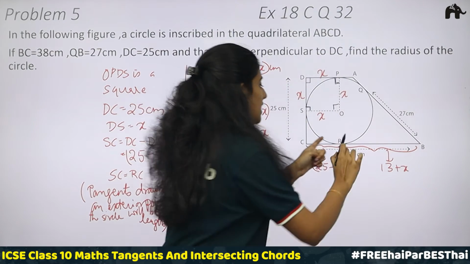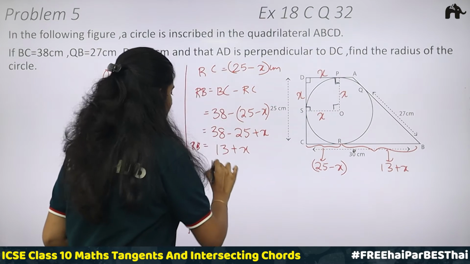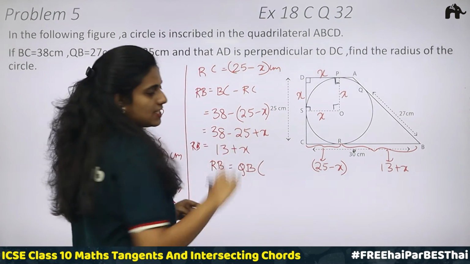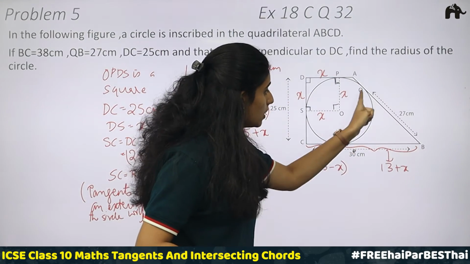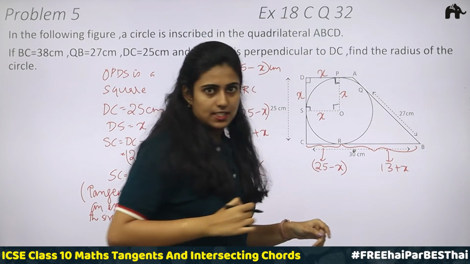Is there any relation between this RB and QB? I am writing RB equal to QB. Again, same reason. When you consider an exterior point B, QB and RB are tangents which are drawn to the same circle.